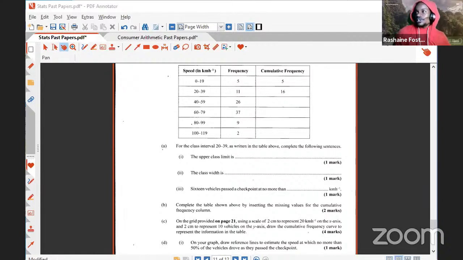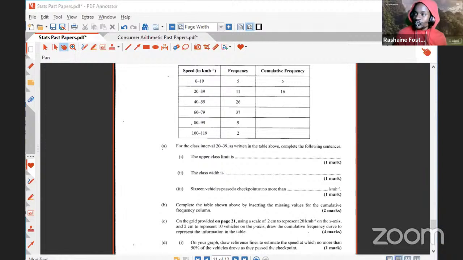All right, so for the class interval 20 to 39, as written in the table above, complete the following sentences. The upper class limit is, what's the upper class limit here?